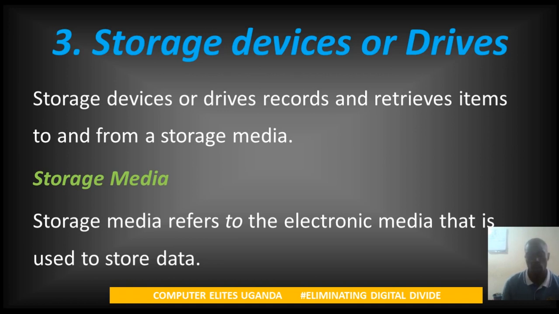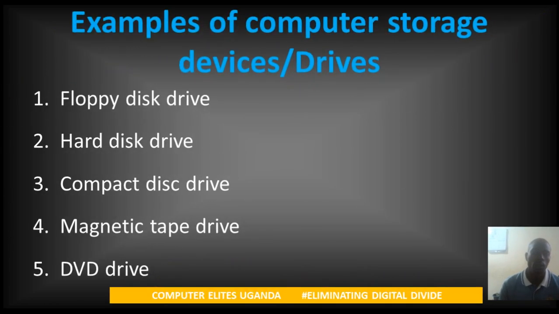Some of the examples of the drives: first, we have the floppy disk drive. These ones were used to read the floppy diskettes during that time when floppy diskettes were used as storage media. So they were used to read and write information on them.